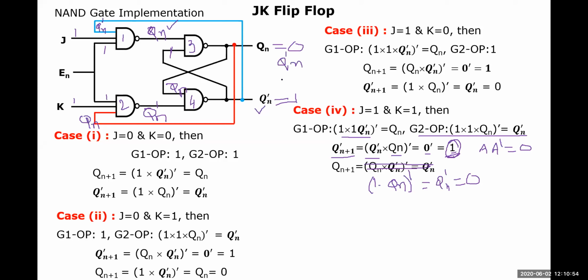So whatever value Q complement n has must be complemented again. Let me draw here. Qn is equal to Q complement n, it comes something like this. So what is the value of Q complement n? It is 1. So complement whole complement equals 0, and we got this particular 0 here.